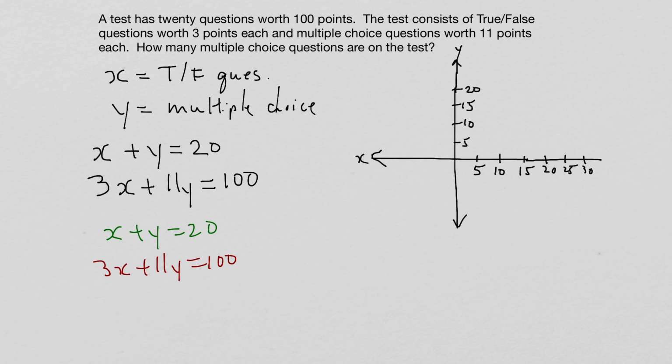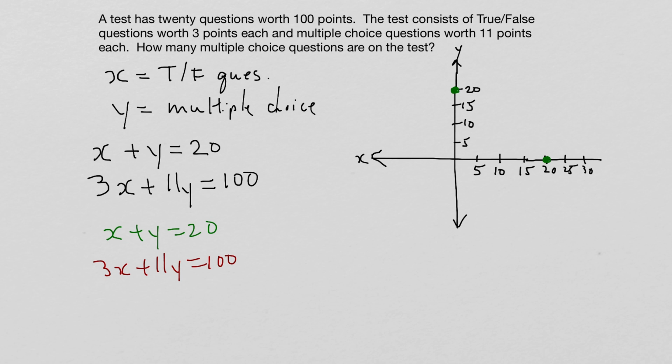So we know that if we are to find the x-intercept, we set y equal to 0. When y is equal to 0, x is 20. So we're going to plot 20, comma 0. To find the y-intercept, we set x equal to 0, and we get y is equal to 20, and therefore we plot 0, comma 20 over here.